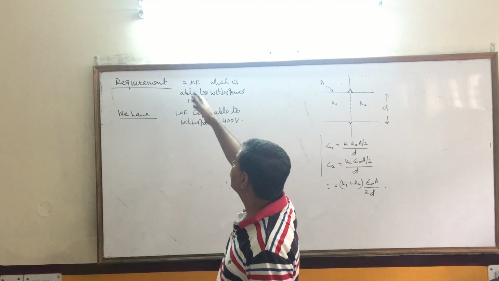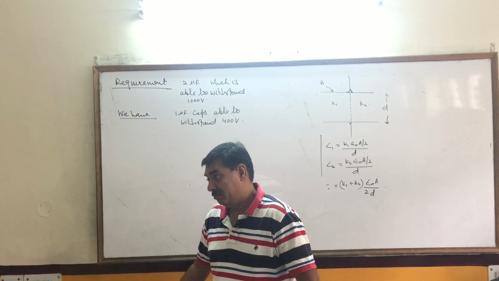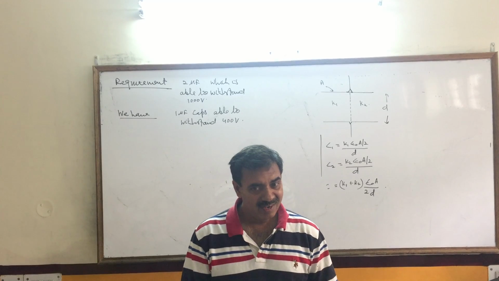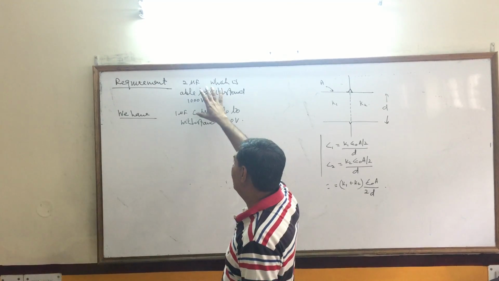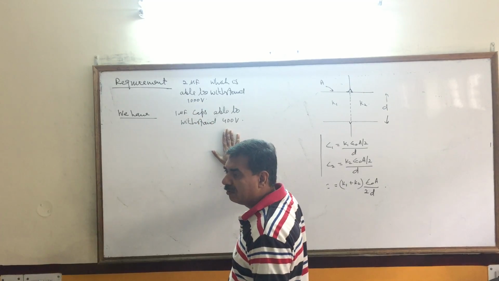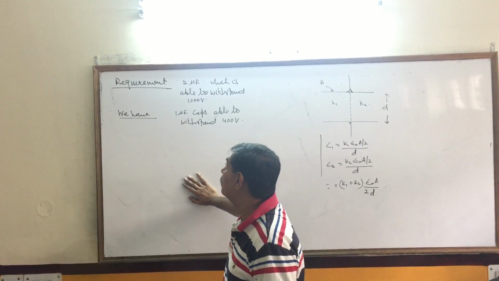You want a capacitance of 2 microfarad. A simple solution could be, sir, put the 2 in parallel. Putting the 2 in parallel would give me a capacitance of 2 microfarad, which is able to withstand 400 volts only. I want an arrangement.